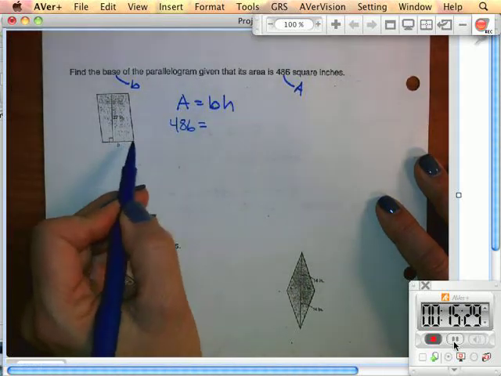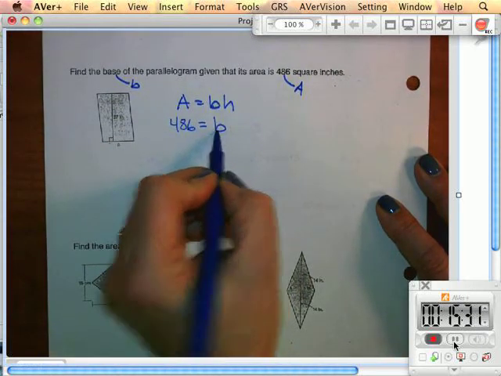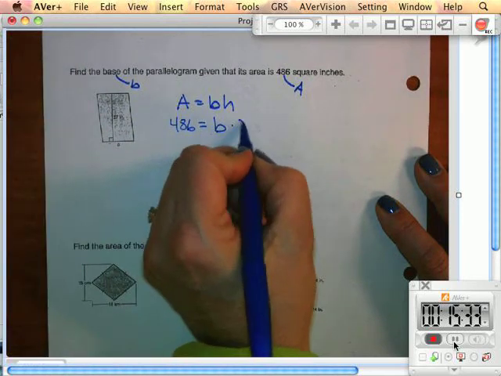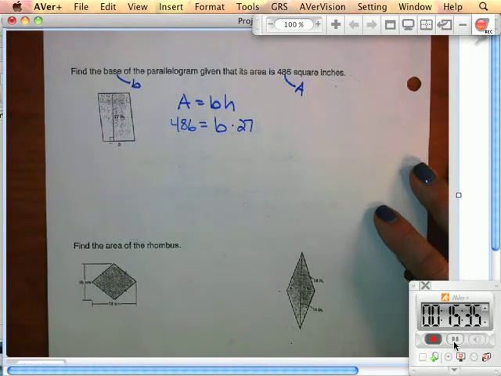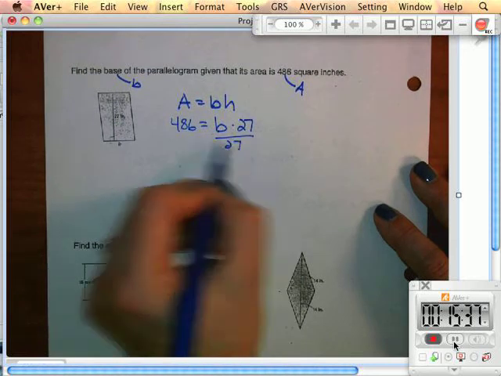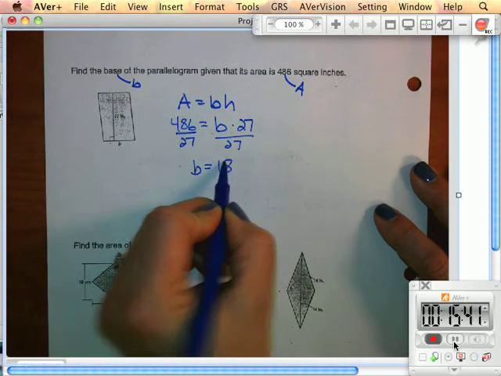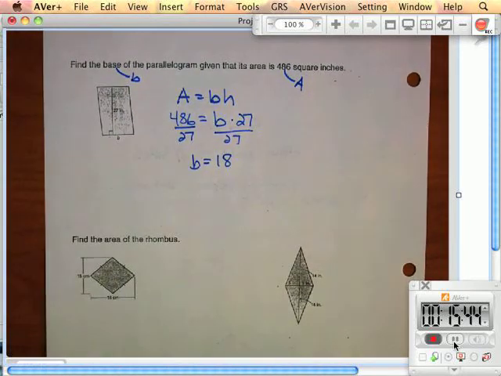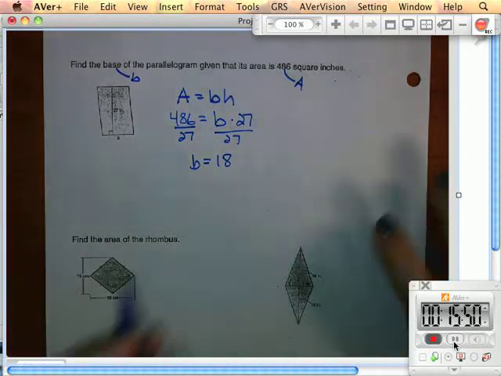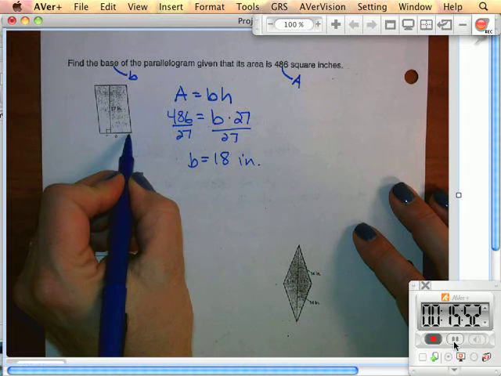Don't know what that is yet. But I know the height is 27. So if I divide both sides by 27, I'll get what I'm looking for, which is 18 what? Thank you. Please don't say squared, because it ain't. It's just inches. It's just a one-dimensional measurement here.